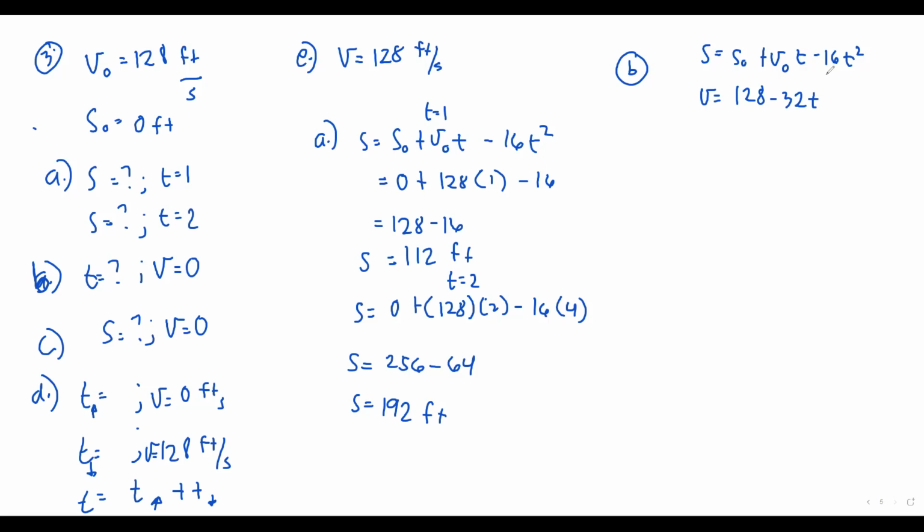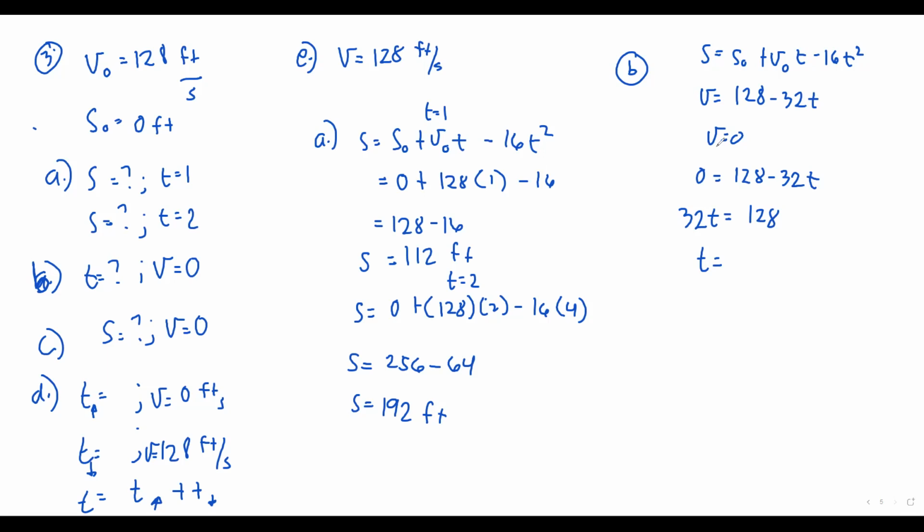Ayan yung working equation natin. So, dahil V is equals to 0, magiging 0 is equals to 128 minus 32T. Then 32T is equals to 128. So T is equals to, kasi kailangan natin ma-reach yung zero velocity para yun yung maximum height natin.